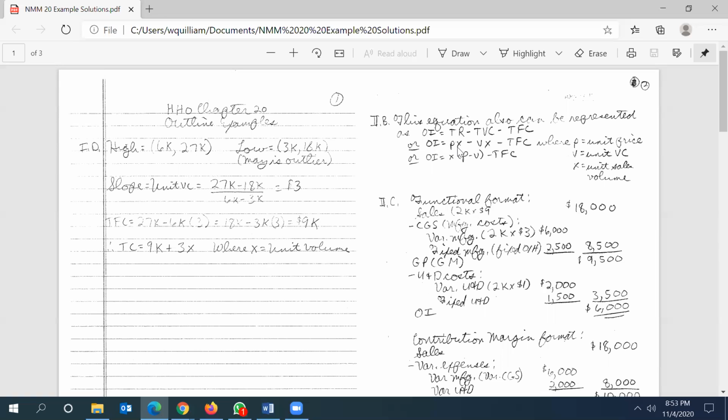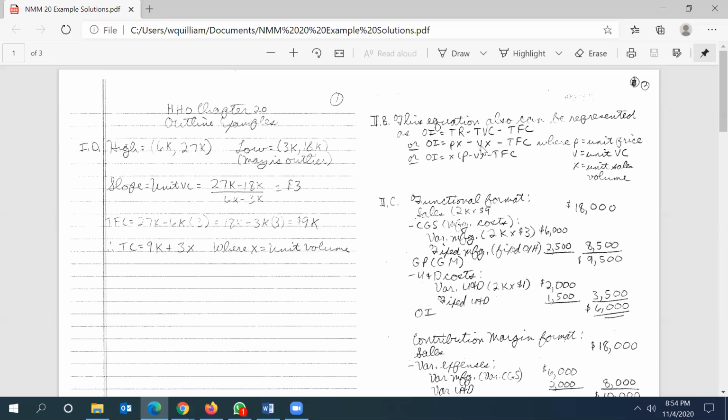Or if I expand total revenue to PX, price, times unit sales volume, P unit price, X unit sales volume. If I expand total variable cost to VX, or unit variable cost times X sales volume. Again, minus total fixed costs, leaving that as a constant.